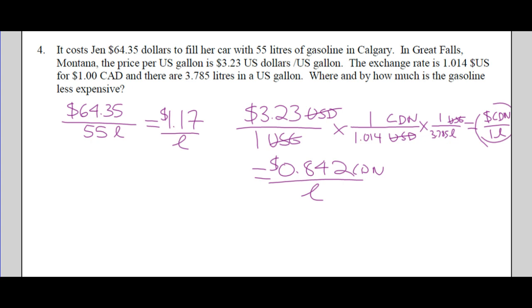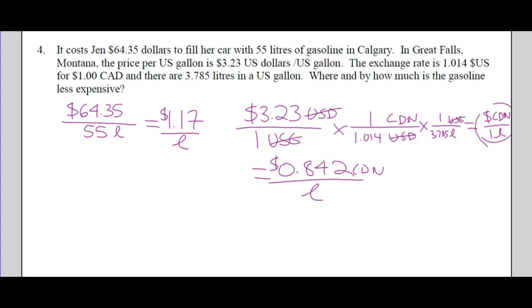Okay, so there's a bunch going on here, right? First one, actually pretty easy. It's easy to figure out Canadian dollars per liter, because we got $64.35 to buy 55 liters of gas. Boom, $1.17 per liter. Now we've got to take $3.23 per gallon. We got to get rid of the US dollars. So the thing you want to get rid of goes opposite. So I want to get rid of US dollars, I put US dollars on the bottom.